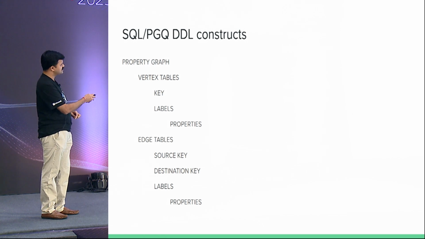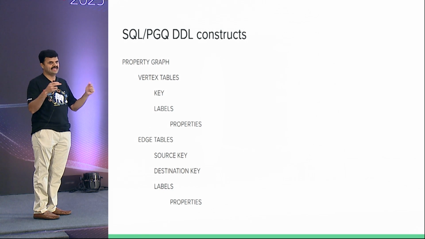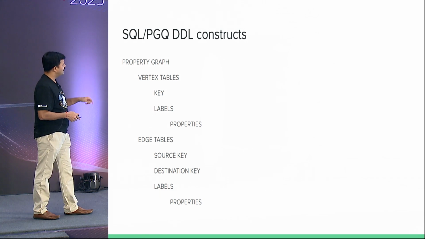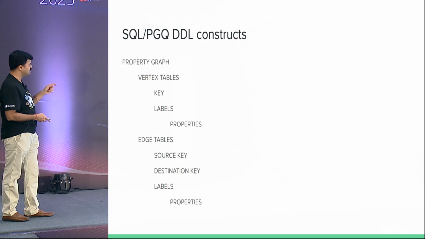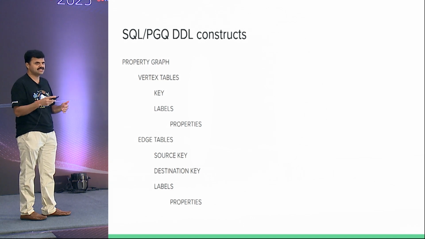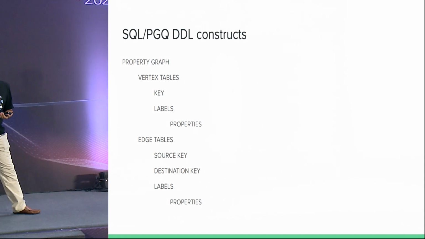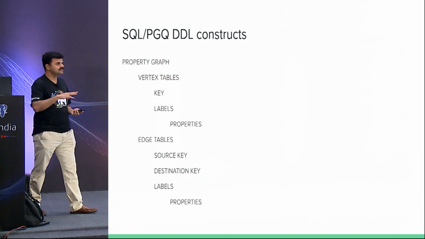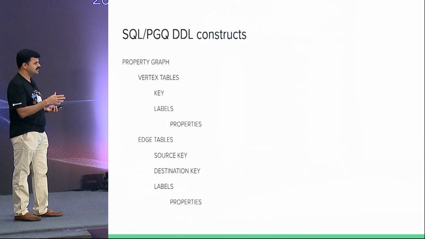So together, source and destination identify the two nodes which the edge connects. And again, just like vertices, edges can have their own labels, and each of these labels again can have properties which are basically exposing the underlying columns.